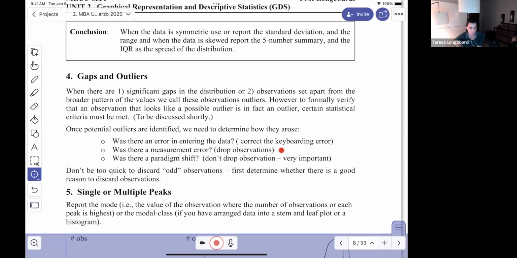Meaning something went wrong with your instruments when you were trying to measure, or you had a staff member that didn't know what they were doing and they measured things wrong. In that case, you might want to investigate and drop the observation because you don't want wrong data, right? You don't want errors in your data. But there could be something very significant and important happening, and you do want to leave that value in. So that investigation will turn that up too, all right? So maybe you don't want to drop it.